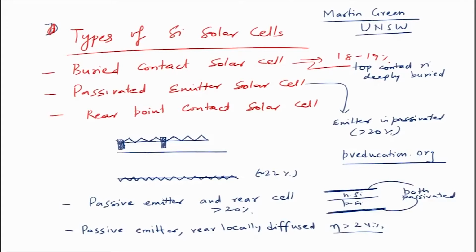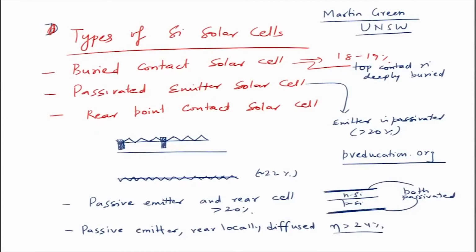So, in this case the surface is passivated, but on the back side the contact has P plus doping at the base. So, as a result the base is more heavily doped as compared to the rest of the base. So, near the contacts there is heavy doping in the P side, and that helps to improve the performance.